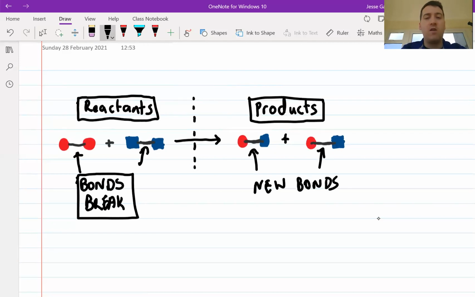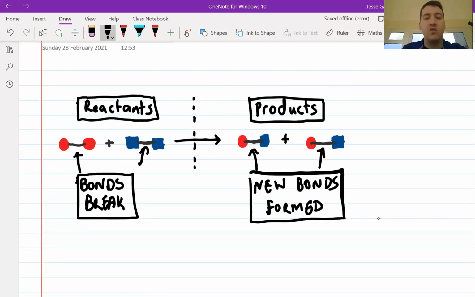Now, if you look very carefully, you will notice that there are absolutely no new atoms whatsoever. If you look at the atoms we started with, in this case, 2 red circles and 2 blue squares, now, of course, no atoms really look like this. This is just a model to help us understand. These represent specific atoms, but that is all that is there at the end. There are no new atoms.